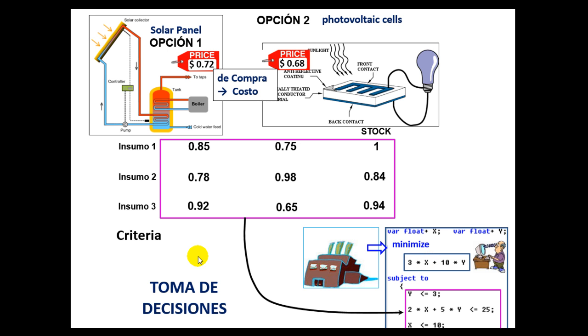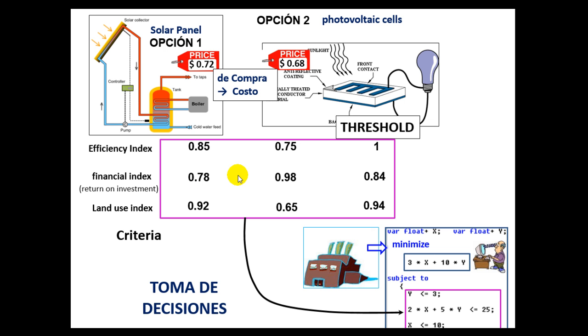And the criteria that you use are, for example, efficiency index, financial index or return on investment, and land use. So you have, instead of calling it a stock here, you call it threshold, and then you want that this less or equal to 1, etc.